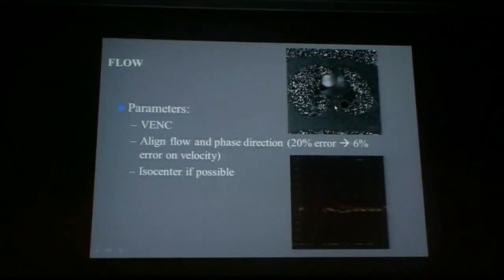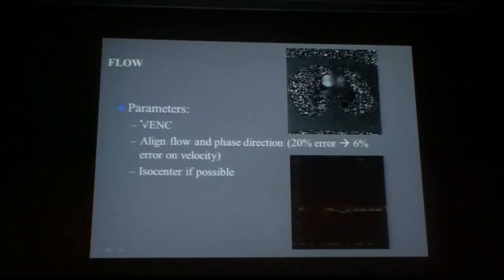So here are the 2D images you can obtain with a hypersignal from the moving spins and a low signal of the moving spins in the other direction, from which you can, as we saw already, calculate speeds and different parameters that are useful to characterize your vessels.